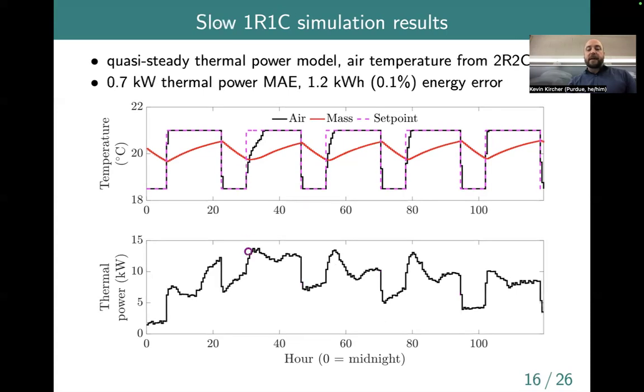And those spikes are washed out in the model where we assume only the slow dynamics matter. So we get the overall energy. If we look at the area under this curve, it's within 0.1% error. So it's essentially an exact representation of what's happening in the 2R2C model. But if we looked at the peaks, for example, of this signal, we would see that there's quite a big difference.